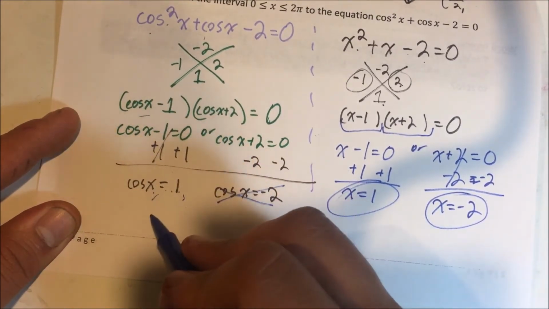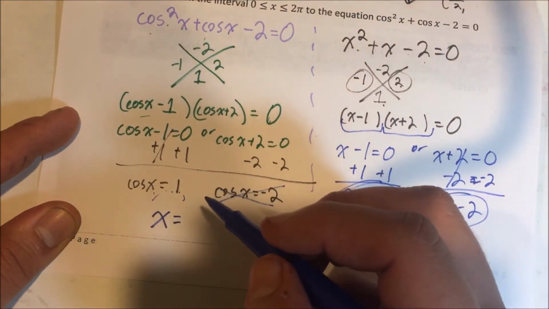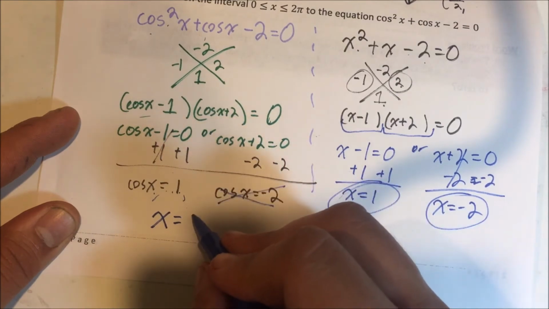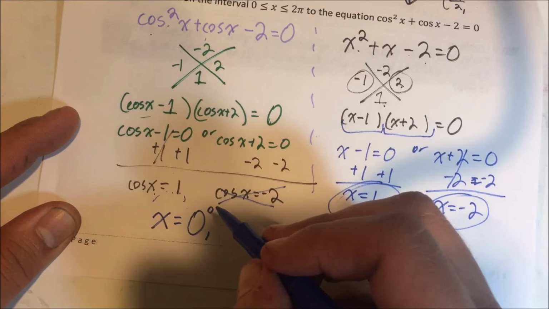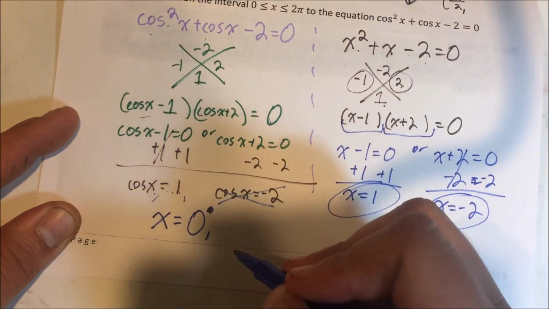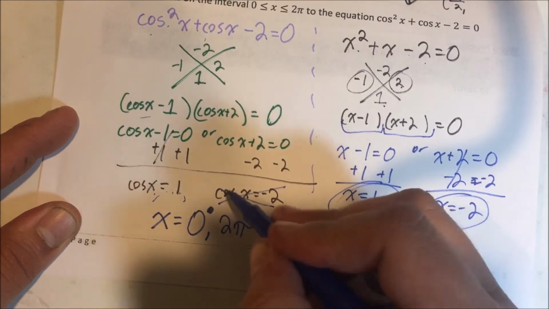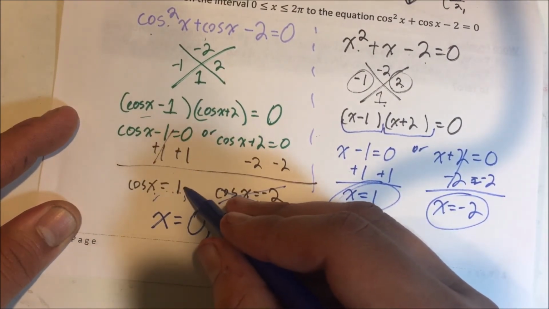Look on your unit circle to figure that out, and you will see that the angle that we get +1 from is going to be 0, or it could also be, well, again, it's in radians, 2 pi. We'd have to go around the unit circle once to get that value on the x-coordinate.